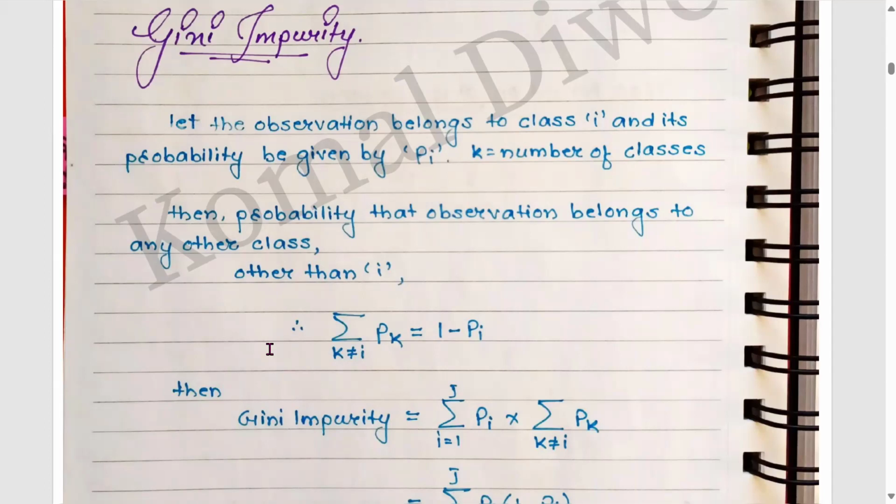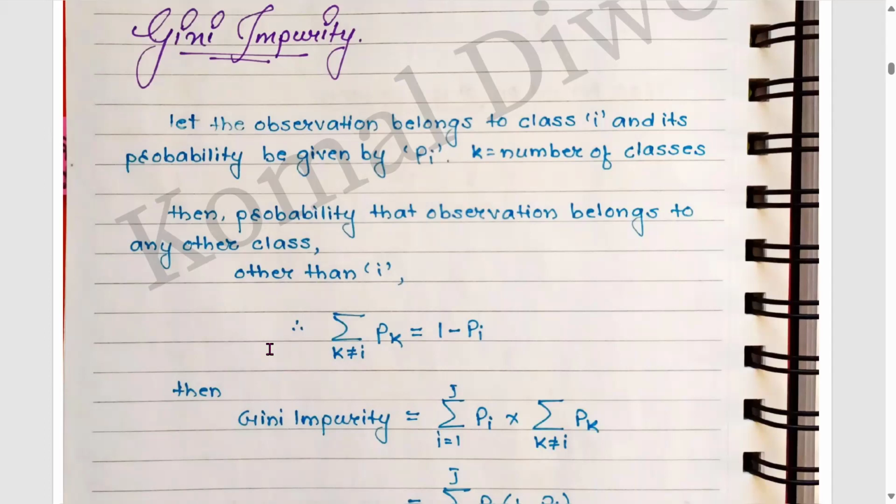Then the probability that an observation belongs to any other class other than i is 1 minus Pi.